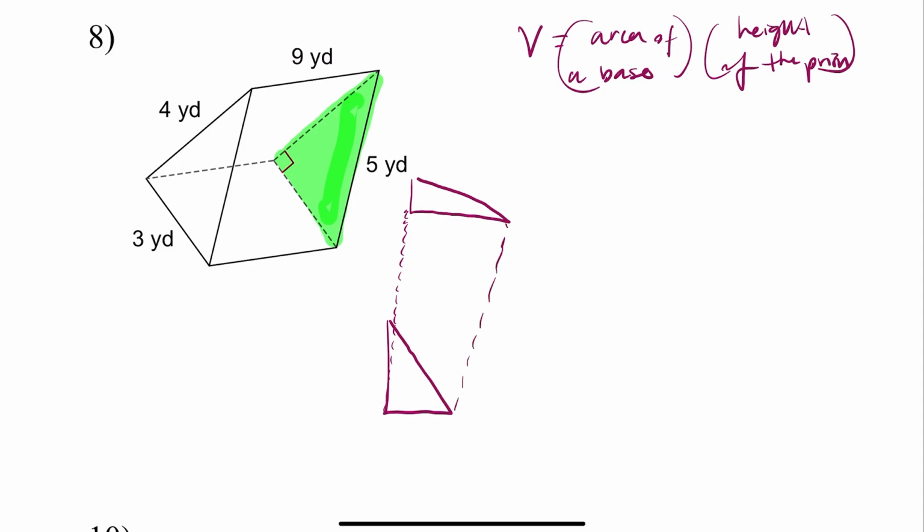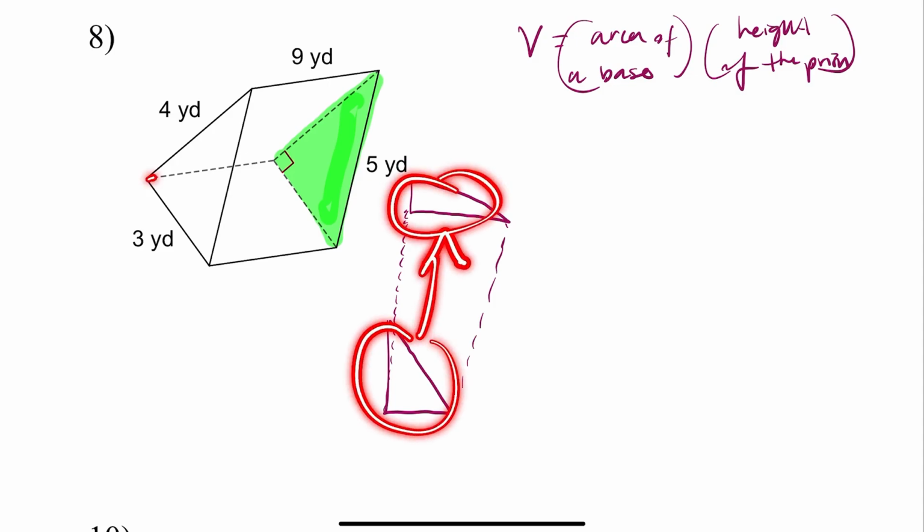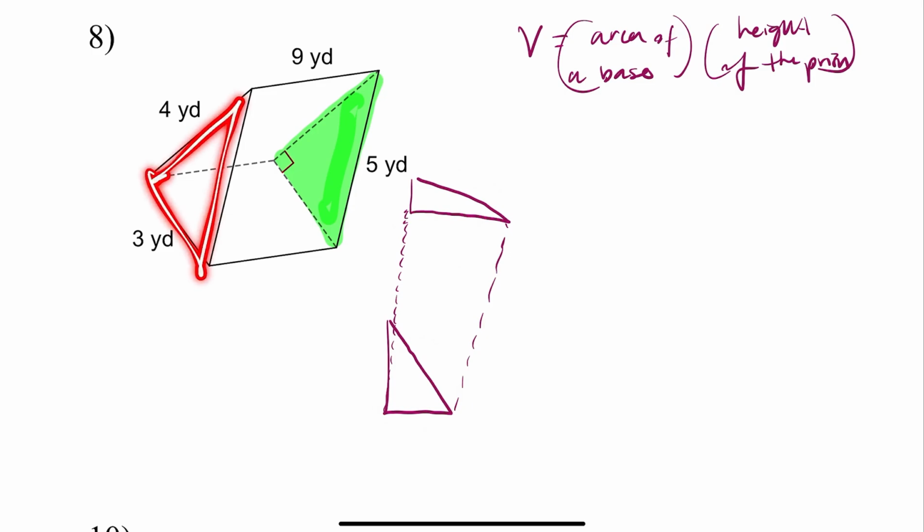Not the best drawing. The height should be from one triangle to the other, from one base to the other base. Let's go to the tip of this triangle and go all the way to the other one. That is the height. So in reality, though 4 might look like it, it's actually going to be 9.